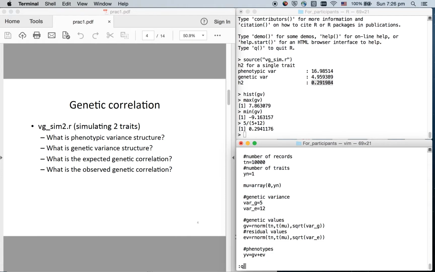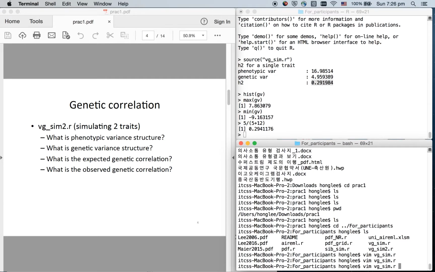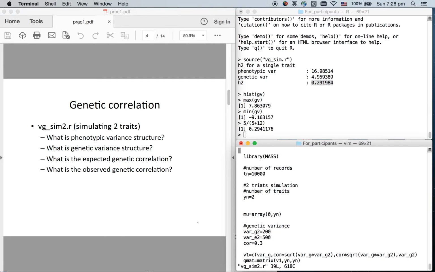So first we look at the VG dash sim2, and this is very similar to the single trait. The only difference is that now the number of traits is assigned as 2 here. The mean is the same as 0 as before.